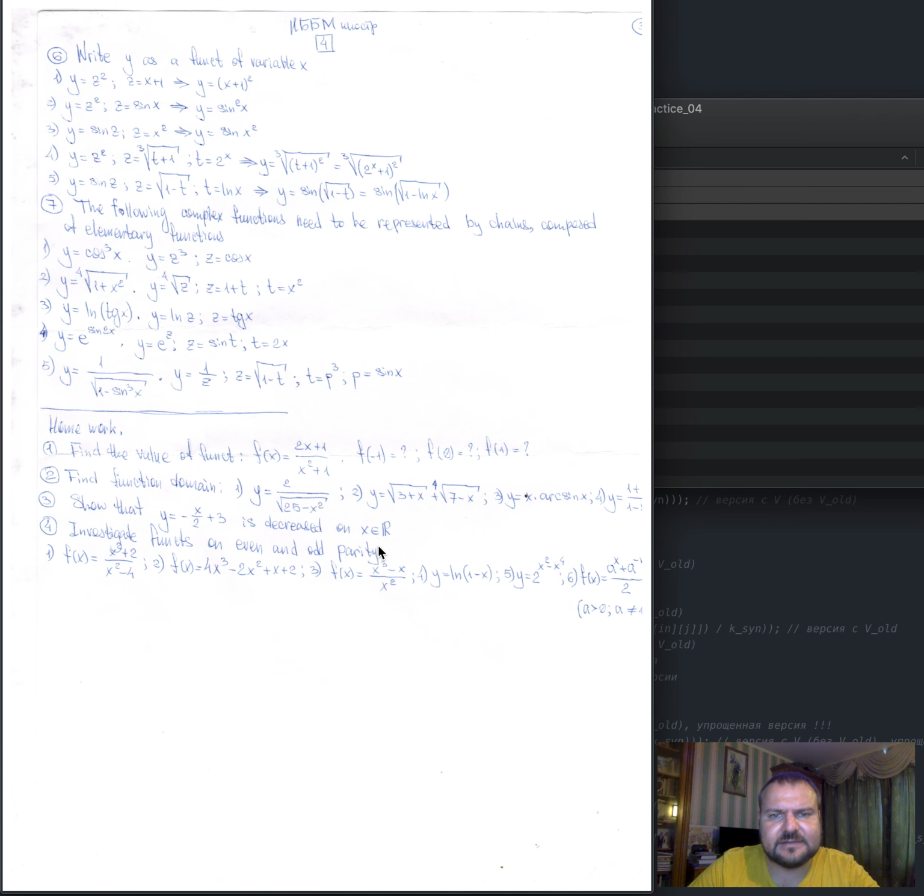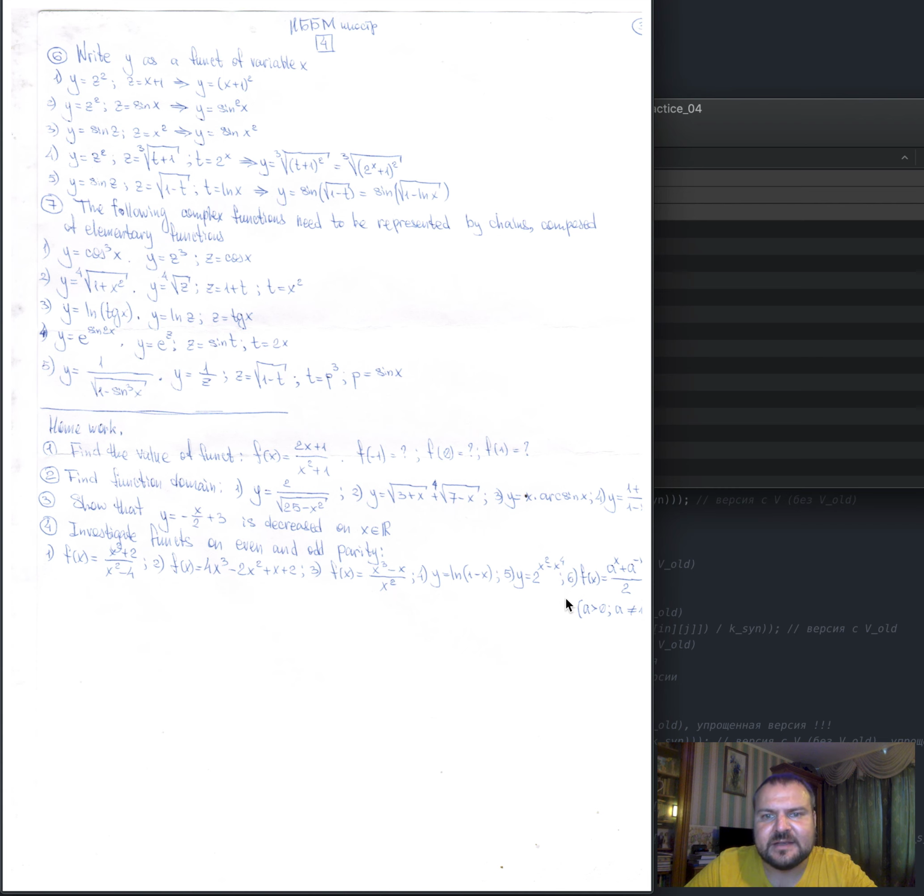Third, (x cubed minus x) divided by x squared. Fourth, y equals logarithm of (1 minus x). Fifth, y equals 2 to the power of (x squared minus x to the fourth).